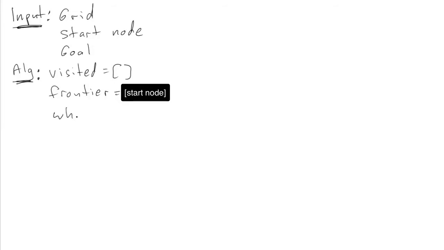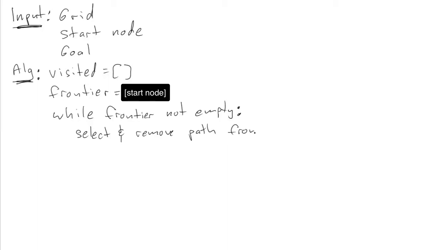So then here's the core part of the algorithm. As long as we're not done and there's a path in the frontier, we can keep looping. So while the frontier is not empty, we want to do the following. First, we want to select and remove an item, a path, from the frontier.